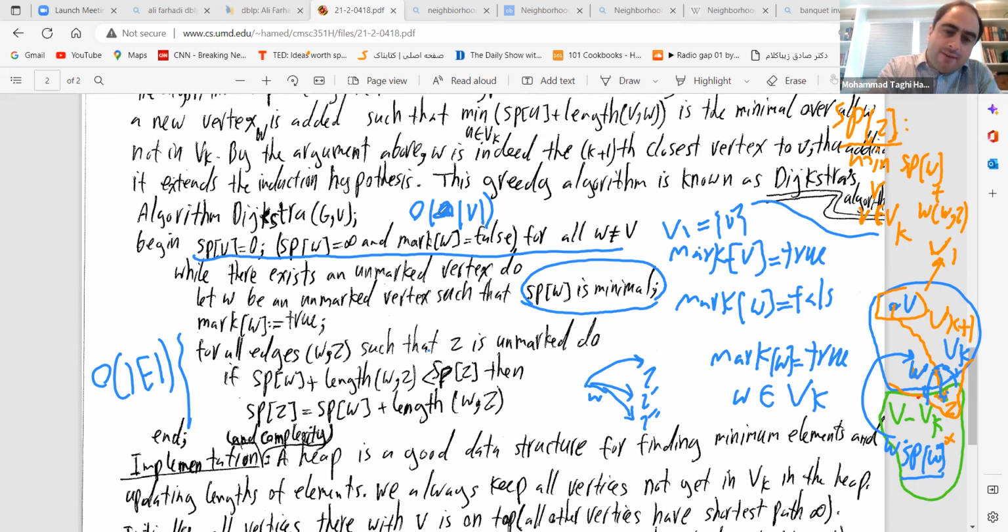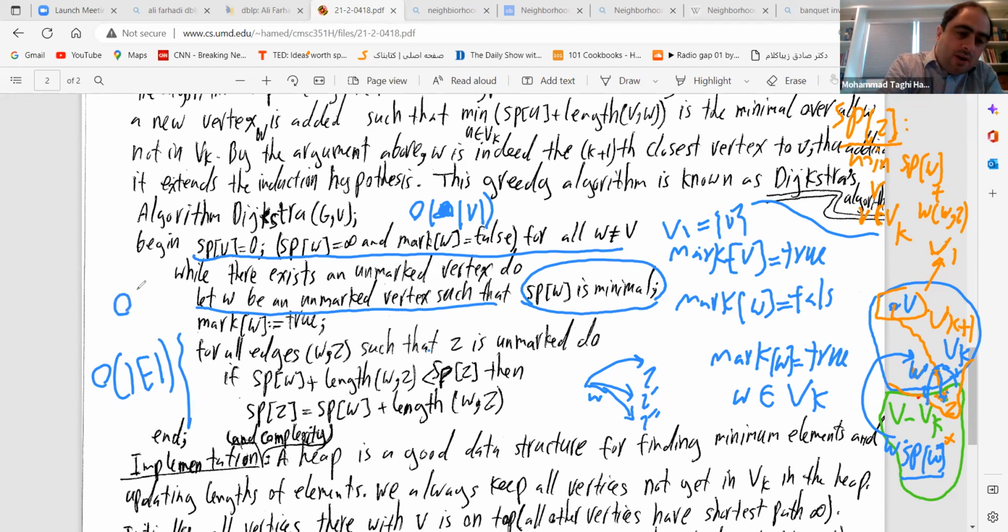So far we have paid order V for some initializations, and order E for the rest. The only part is that here we are finding this W that is unmarked and has SP of W minimal.